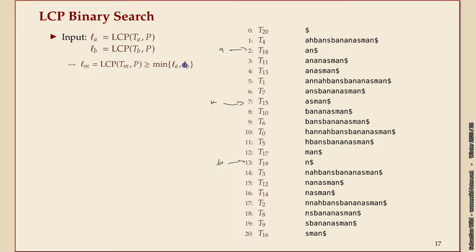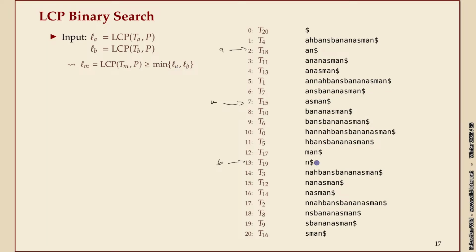Actually, the RMQ of the LCP could be bigger, but the pattern shares these characters with A and B if it's the minimum. So it shares it with all the strings in that range.